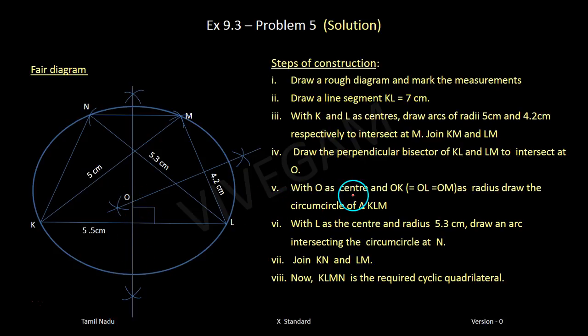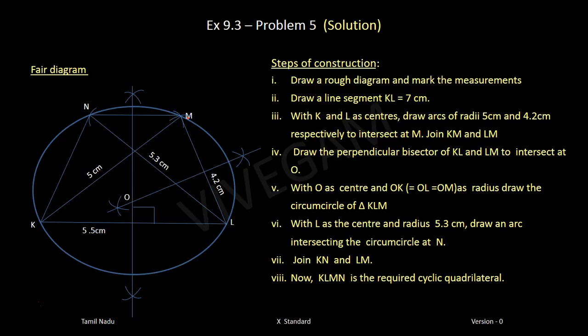Then with O as a center and OK or OL or OM, all three are equal, as radius, draw the circumcircle of triangle KLM. This circle will enclose the triangle KLM.